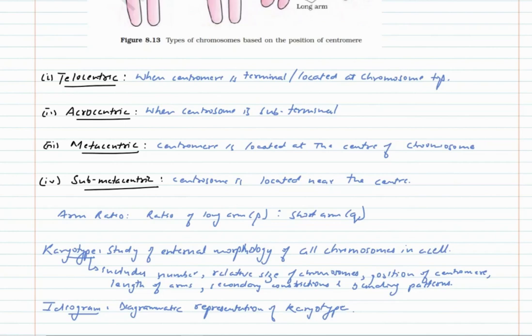Ideogram, it is also specific for each species. By karyotyping and for performing an ideogram, we can determine if there are any genetic abnormalities in an individual. If there is any loss or gain of chromosomes, this can be detected by a karyotype, and this is useful in the diagnosis of chromosomal disorders.